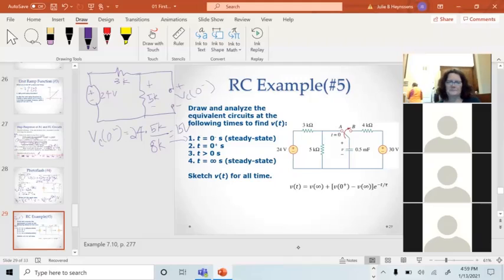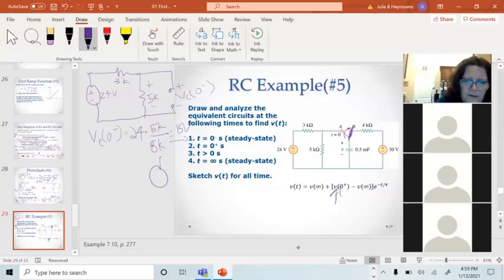All right. We got the first bit for this formula. Now I'm going to look at the t equals 0 plus circuit. At 0 plus, suddenly the switch flips over into this position.